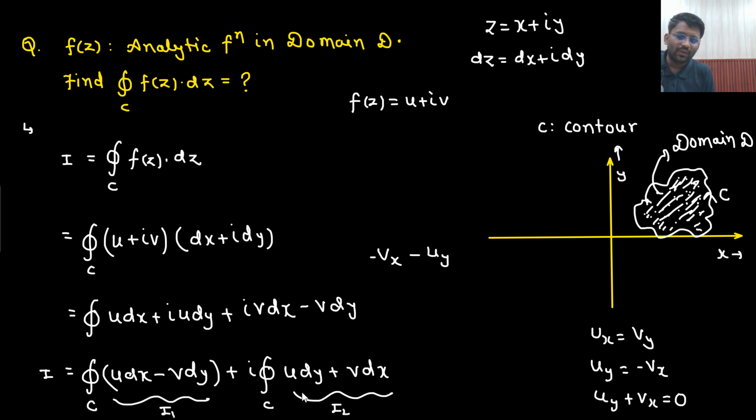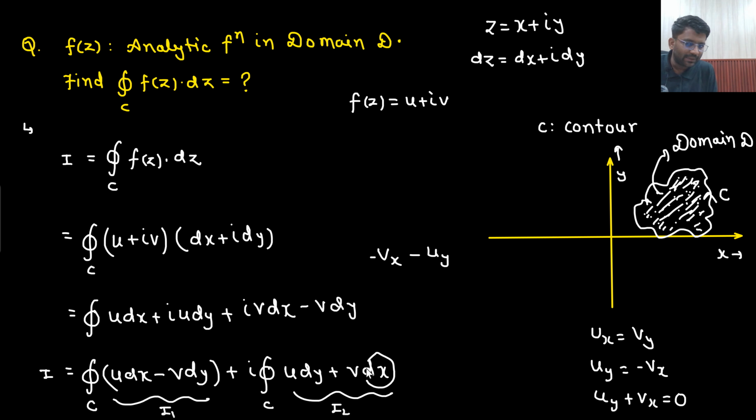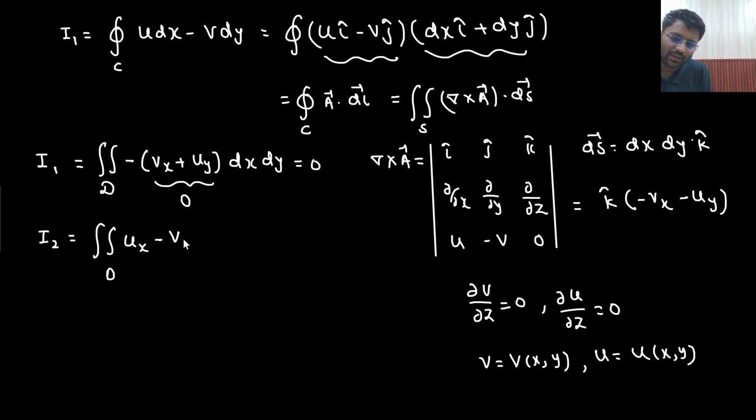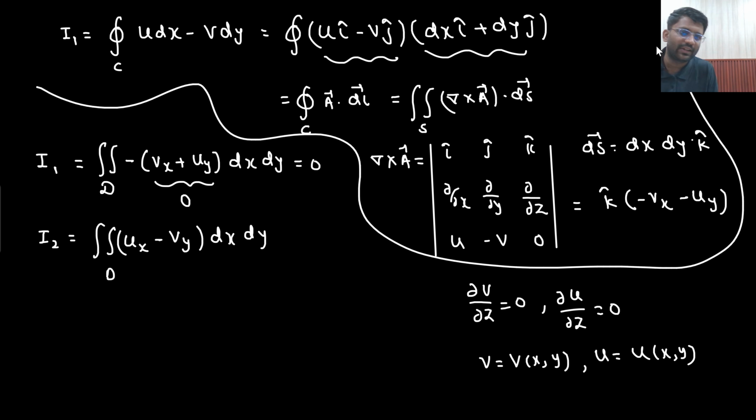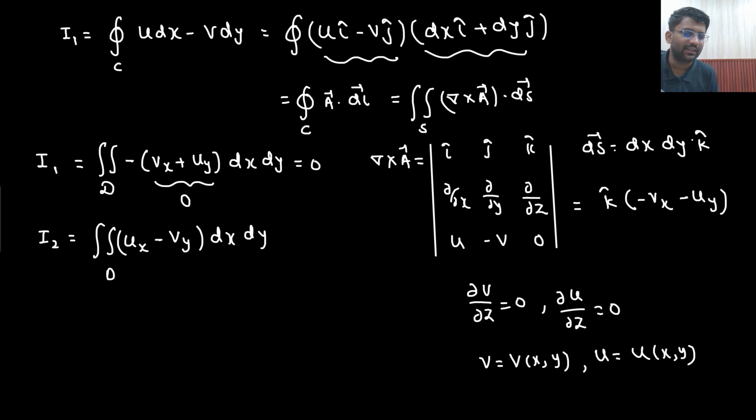So similarly, whatever is there with dy will be partially differentiated with respect to x, so here you will get ux, minus whatever is there with dx, partially differentiated with respect to y, so you will get vy. This is the result that you will be getting. You can do it on your own in the same process. Is that clear to you?